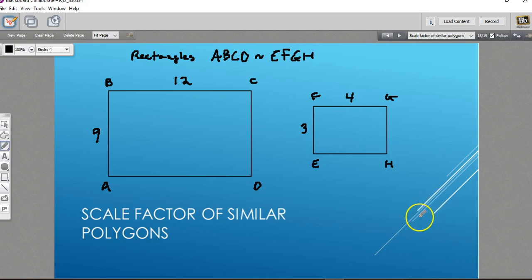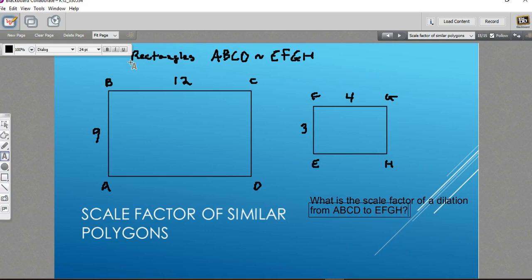What is the scale factor if the dilation is from ABCD to EFGH? So what they're going to ask here is, what is the scale factor of a dilation from ABCD to EFGH? Okay, so that's really important to know, because now I know that ABCD is my pre-image, and I know that EFGH is my image.